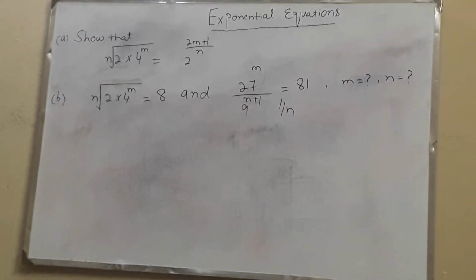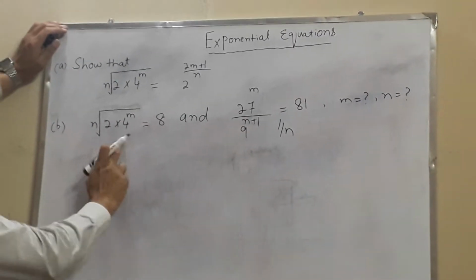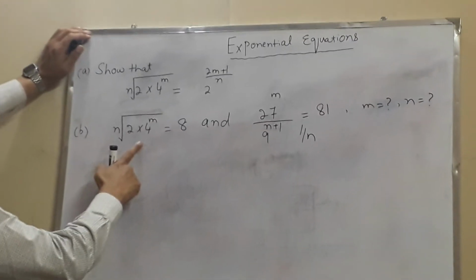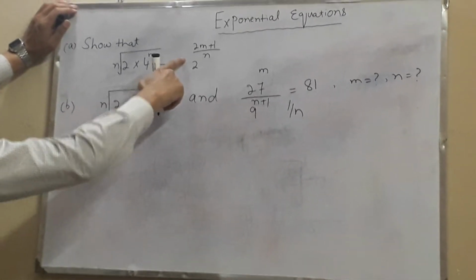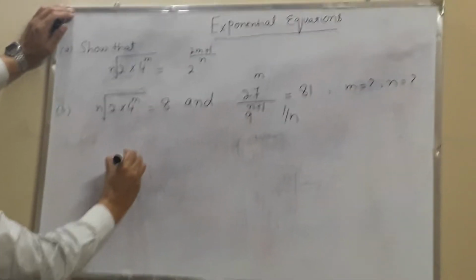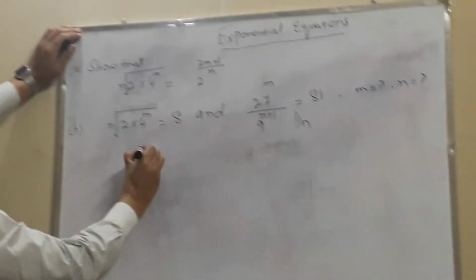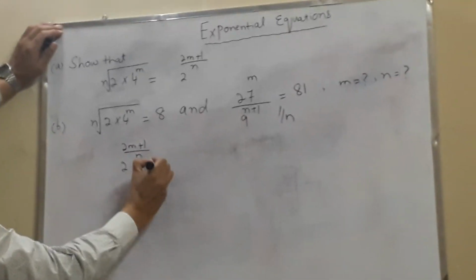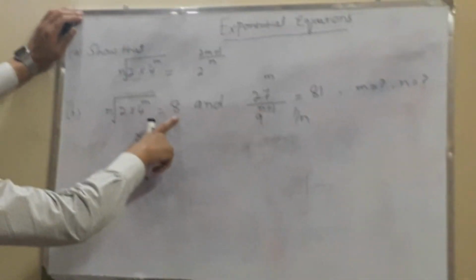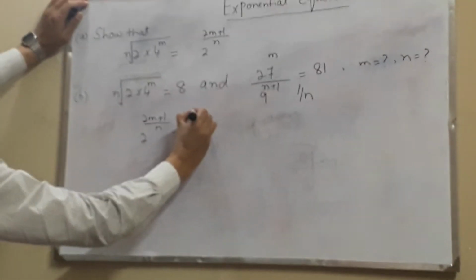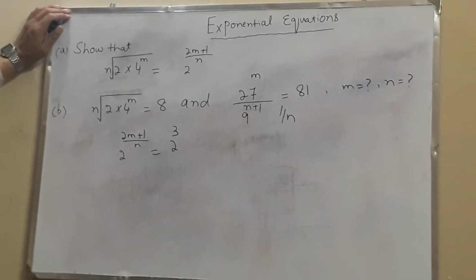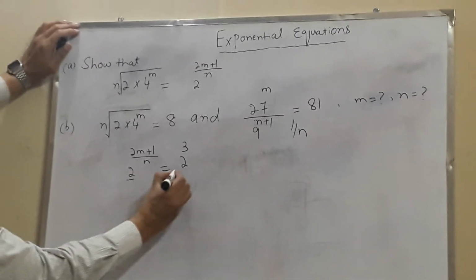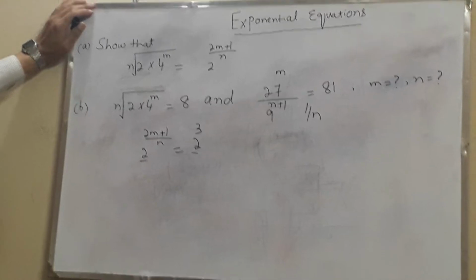Okay, see, this is our first simultaneous equation. Now this can be written in this form. So I would write 2 raised to the power 2m plus 1 over n, and 8 can be written as 2 raised to the power 3. Again, applying the same rule, same bases, so the powers can be equated.